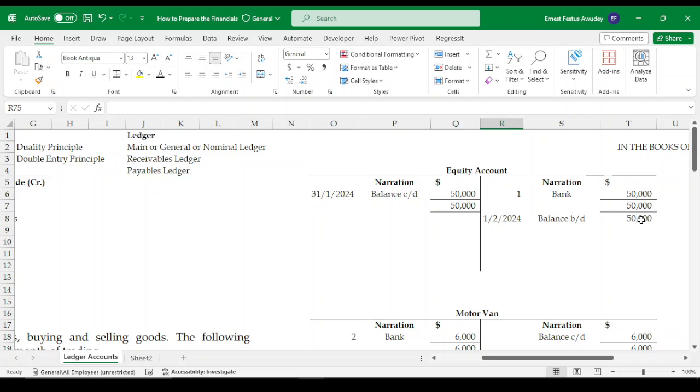So wherever the balance brought down falls, we refer to that account by the side on which the balance falls. So since equity balance brought down falls under the credit side, we always say that equity has a credit balance.